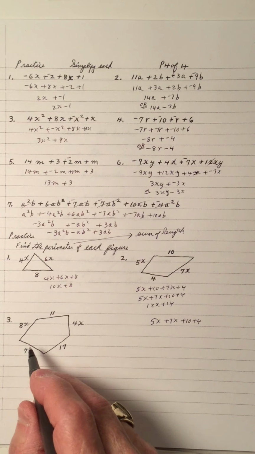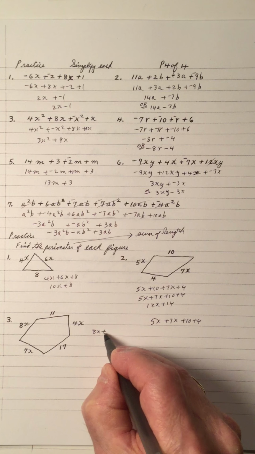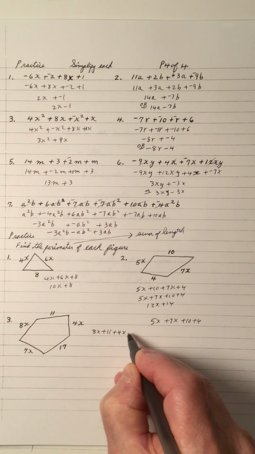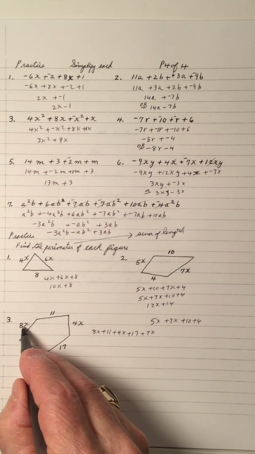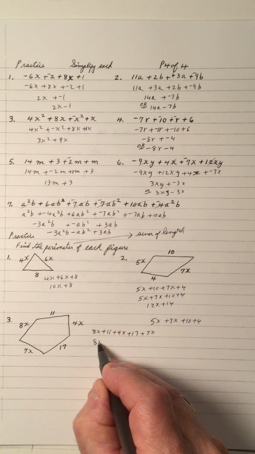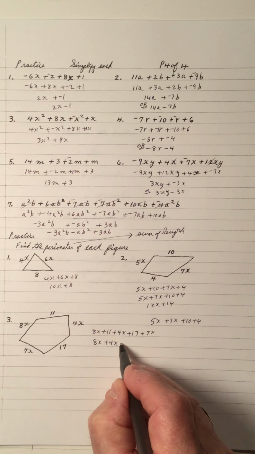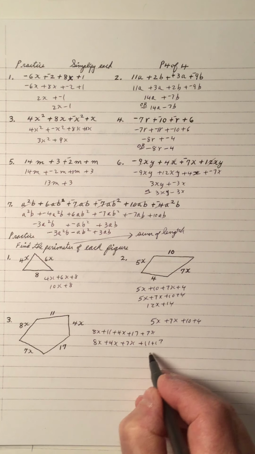Number 3, excuse me, you can start with the 8x and say plus 11 plus 4x plus 17 plus 7x. So start here, that one plus that one plus that one plus that one plus that one. Then group them. What that does, I'm grouping the x's together and grouping the numbers together.